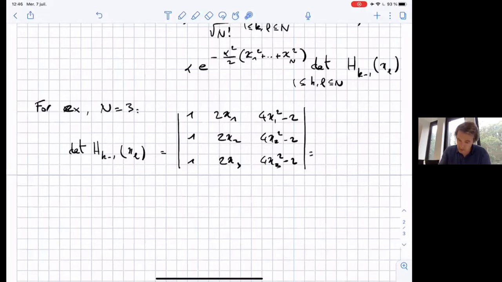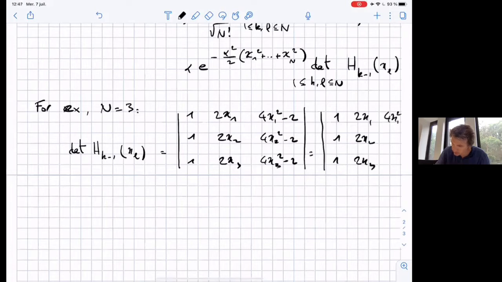For instance, I can just get rid of this minus 2 there by multiplying this column by 2 and adding to it. Okay, so typically that means that I will just get this guy: 1, 1, 1, 2x1, 2x2, 2x3, 4x1 squared, 4x2 squared, 4x3 squared.